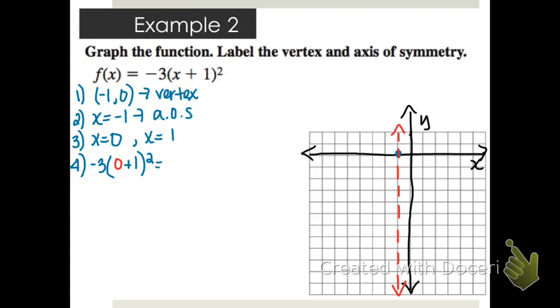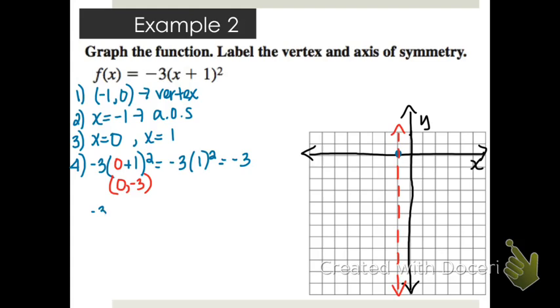And when I evaluate that, I get -3 times 1 squared, which is just -3. So my first coordinate point, I take my x value, then I take my y value that I found, and that's my coordinate point. So this is for x is equal to 0.